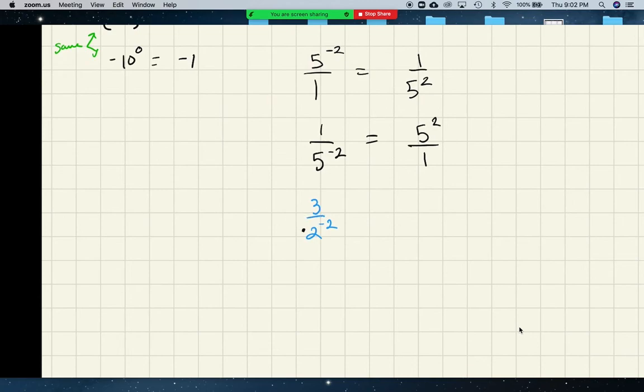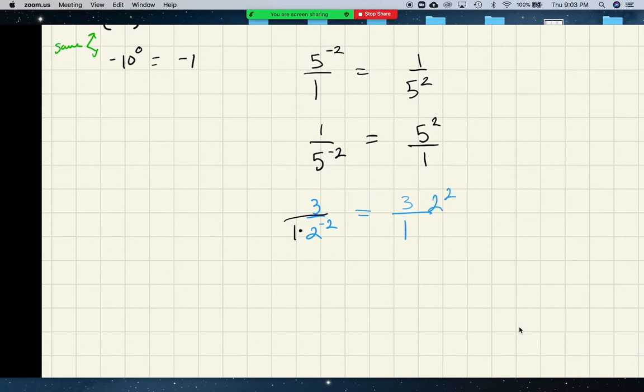The thing that I want to point out, though, is, say we write that down. If we're using this negative exponent to move the base to the top and then changing the exponent, we would write this 3, the 1 stays on the bottom, this all moves to the top.